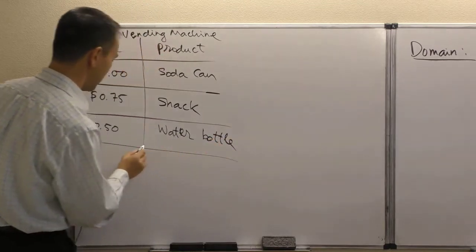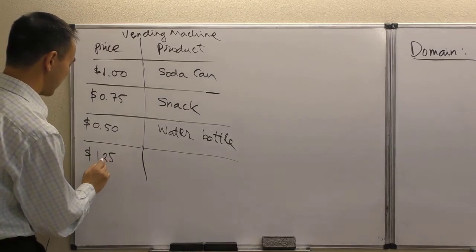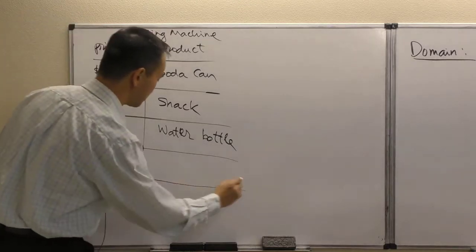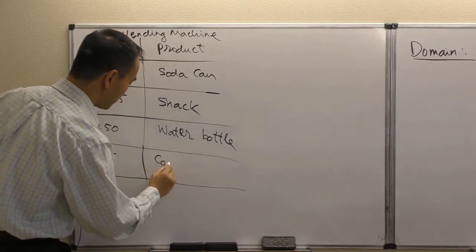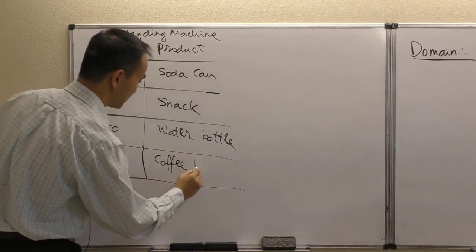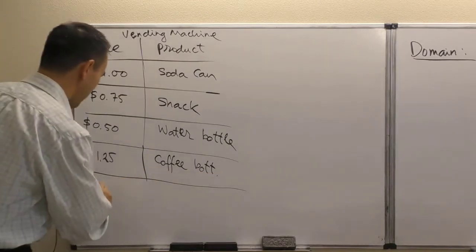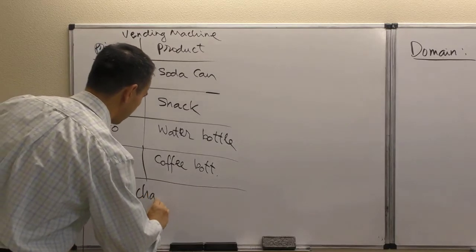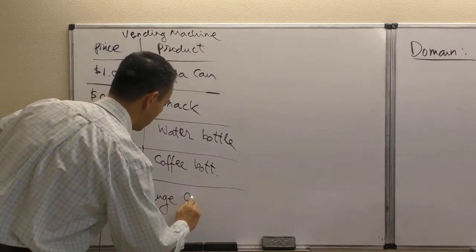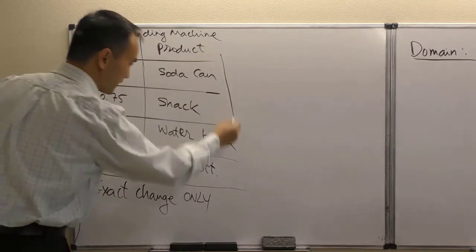And when we're giving it $1.25, well, the machine comes out with a coffee bottle. So coffee bottle and all that, and again, it's exact change only. That's the rule of the function.